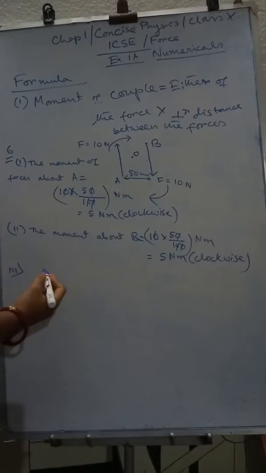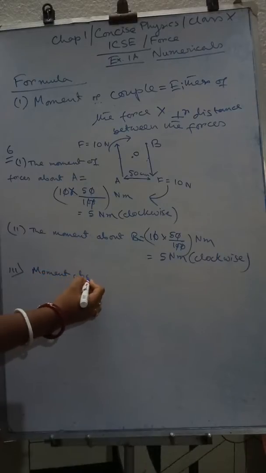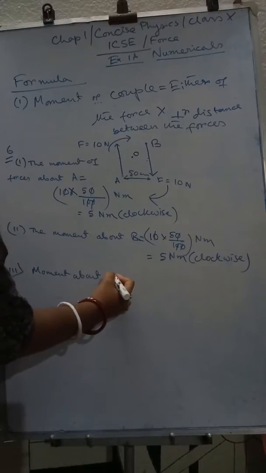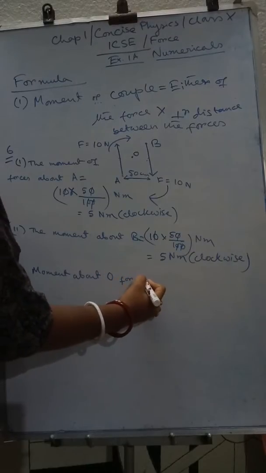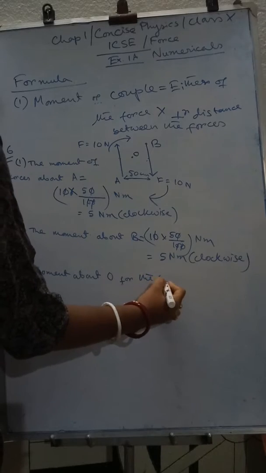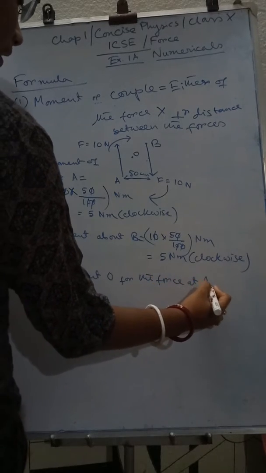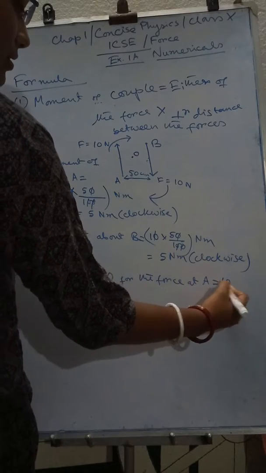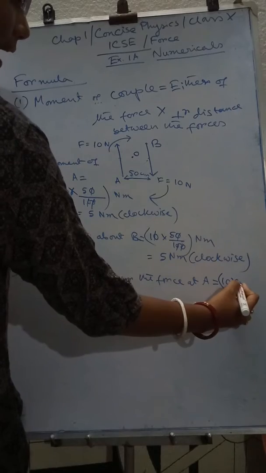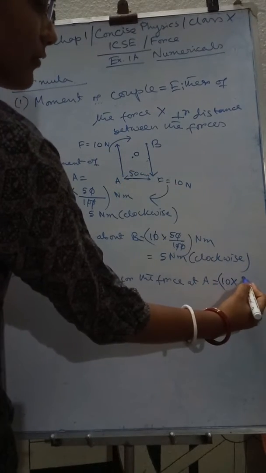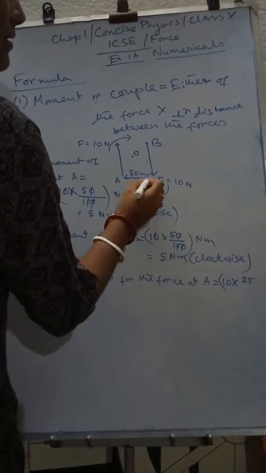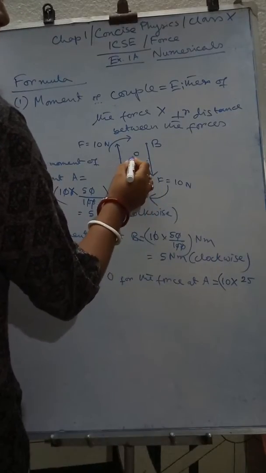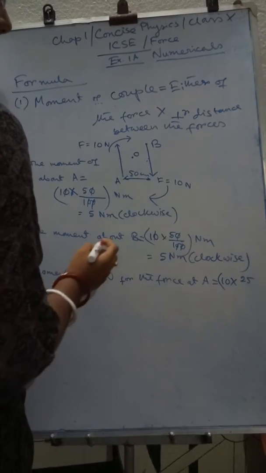That means first we have to find the moment about O for the first force, for the force at A. The force at A is 10 Newton and the distance will be 25 centimeter, as the total distance is 50 centimeter and O is exactly at the middle of these two forces.